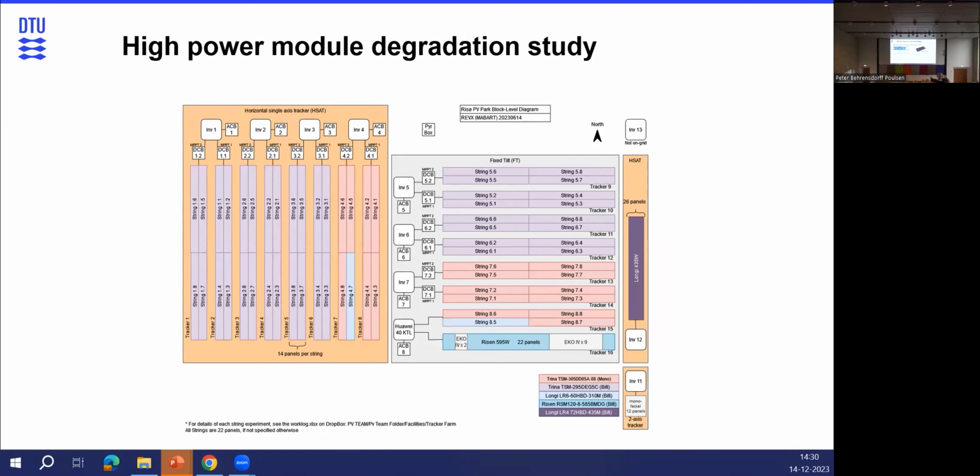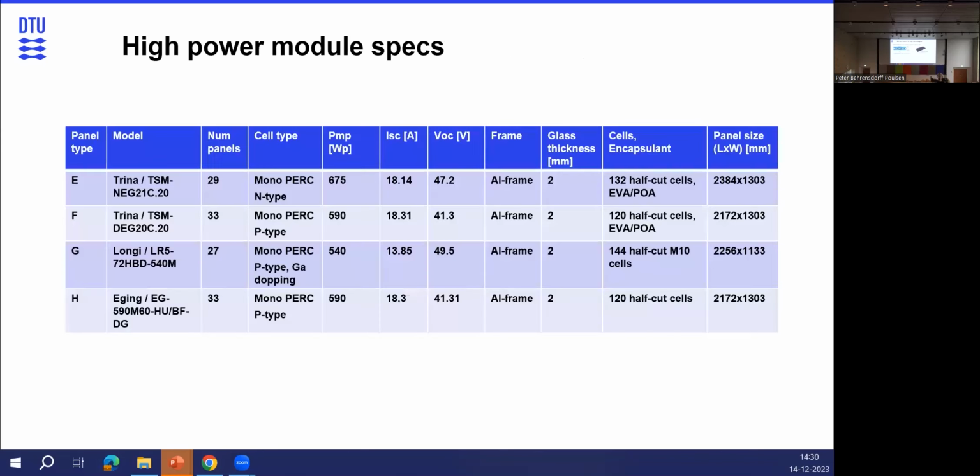The other part is that the technology is changing quite fast, and now these high power modules are coming and becoming the workhorse for new plants. We've replaced the modules that we took down with the main technologies available to us last year or this year that we purchased.